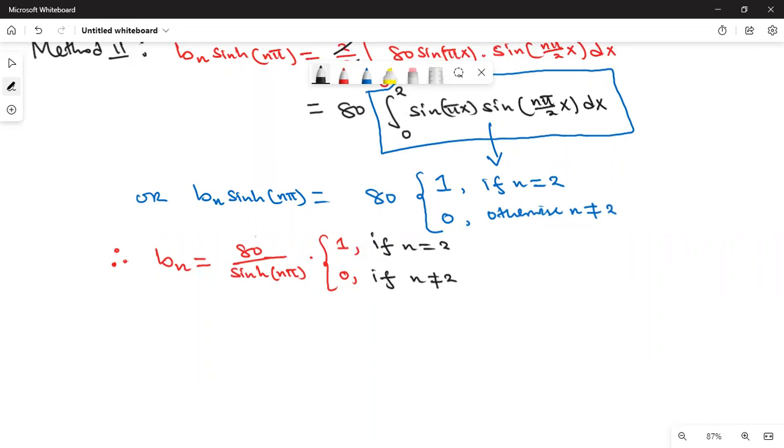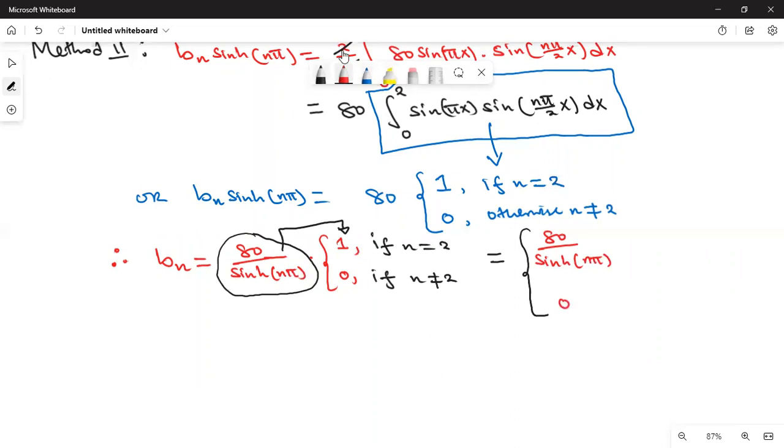You could also take the whole of this inside so that you get what we got in method 1. So when you multiply, you're going to get what? So this will still give you 80 over sine hyperbolic of n pi or 0.